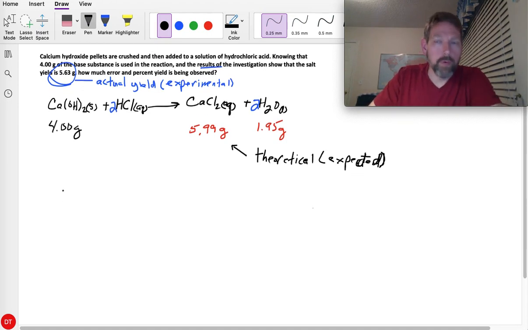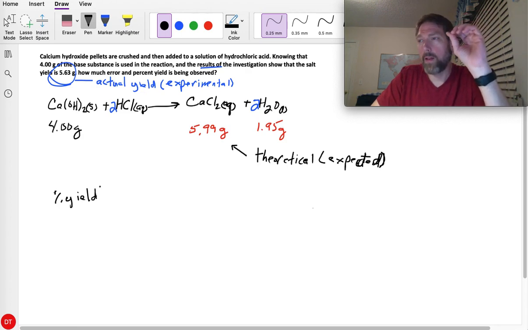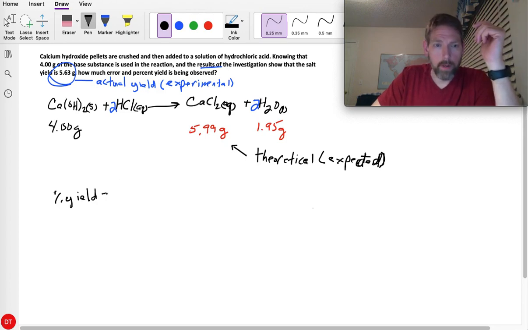With that said, you should remember, and if you don't, it's on your equation reference sheet. Percent yield: if you're talking about a percentage, you always have to have a ratio, which means you have to have a fraction. In any fraction, the bottom value is always the total amount of whatever you're talking about, and the top represents that portion, that ratio of the whole. So percent yield is going to be some portion over the total.